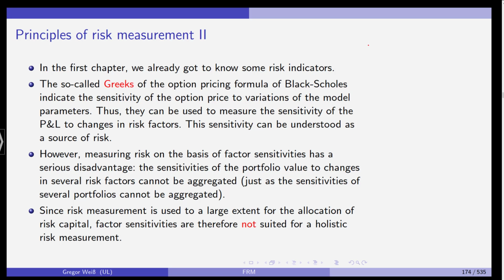Capital understood not just as equity, but risk capital, economic capital, or regulatory capital, being equity plus certain parts of the liabilities that will function as an emergency buffer in case of impending bankruptcy.